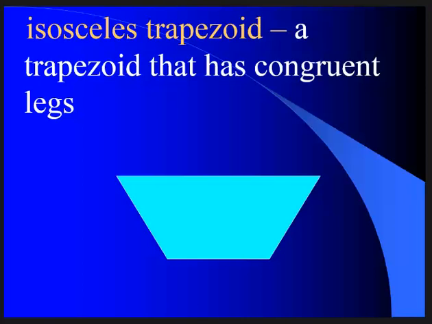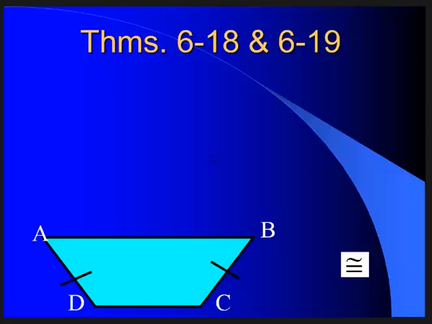So here's our trapezoid. Okay, remember they can be oriented any way. Our 2 legs are marked congruent, therefore this is considered an isosceles trapezoid. And that creates some new relationships.